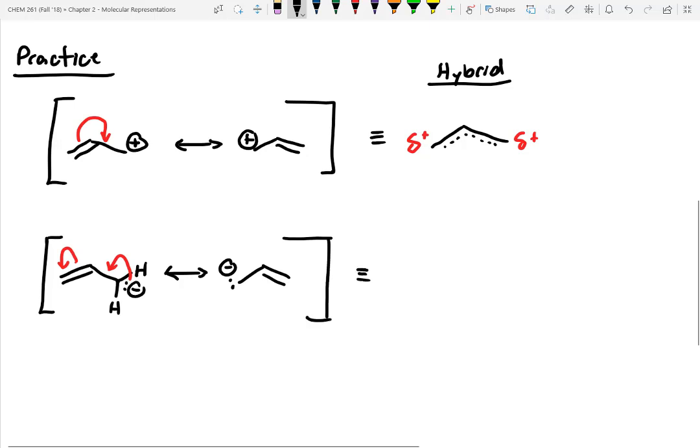Okay, so now if we think about the hybrid, it looks pretty similar to the one on top. So I'll go ahead and show that as delocalized, but this time we're delocalizing a negative charge across the left and the right carbon. So really double check, make sure you're not violating the octet rule anytime you're doing arrow pushing. Does that make sense?